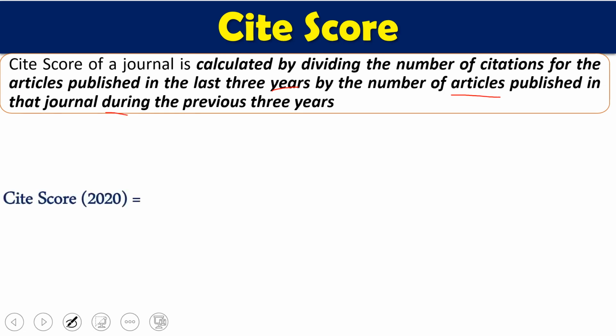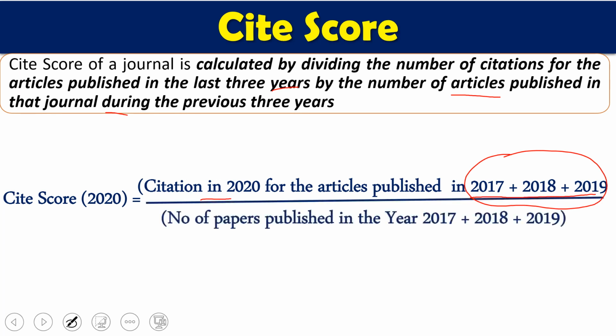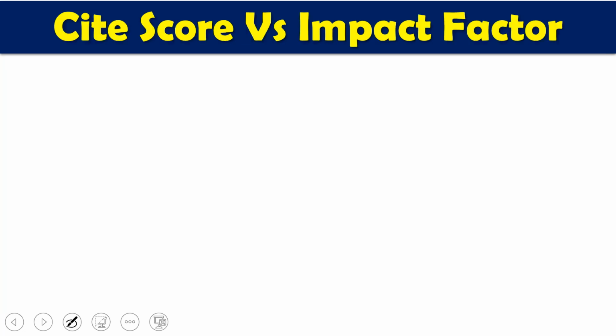Similar to impact factor, if I want to calculate the cite score for a journal in 2020, I will take 3 years of published data, all the articles published in 2017, 18, and 19, and count how many citations these 3 years of papers have received in 2020, divided by the number of papers published in these 3 years. Okay, so this is the formula. In the case of impact factor, we take only 2 years of data, and here we take 3 years of data.